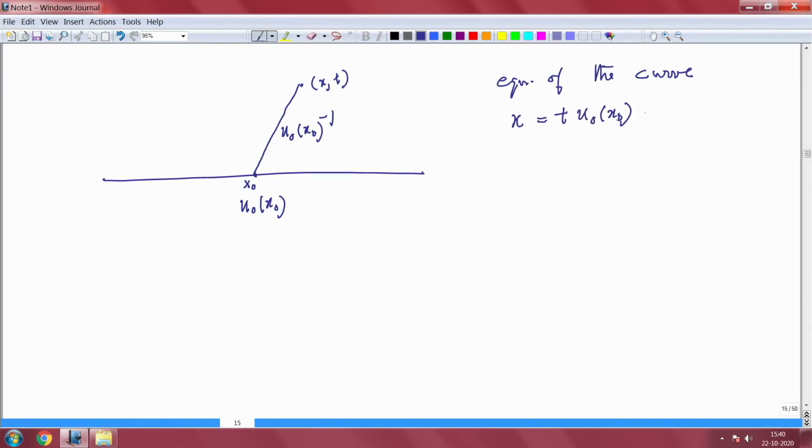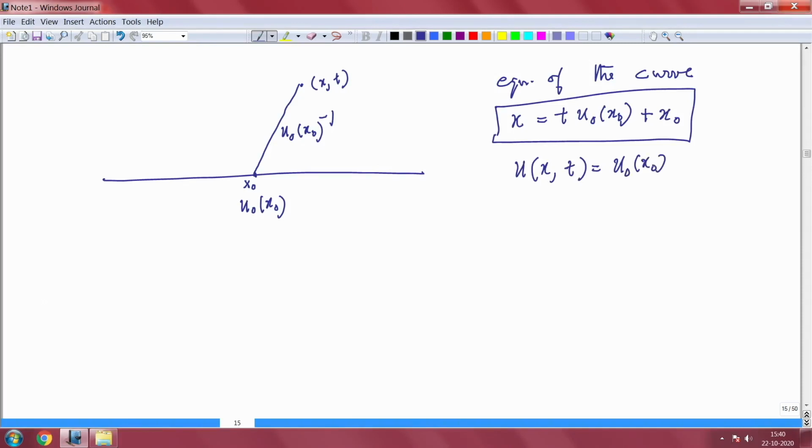So, it comes here and it passes through x naught. So, this is the equation of the curve, and along the curve we already proved that u is constant and takes the value u naught of x naught. So, these are the two implicit forms.